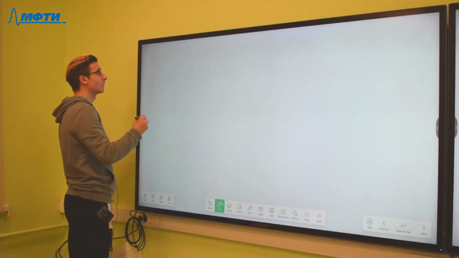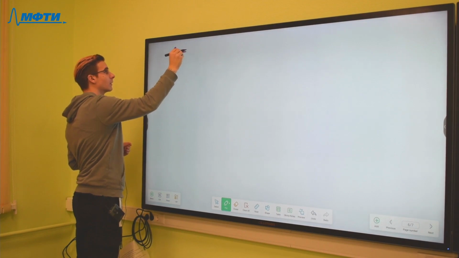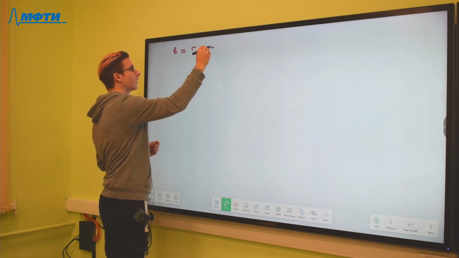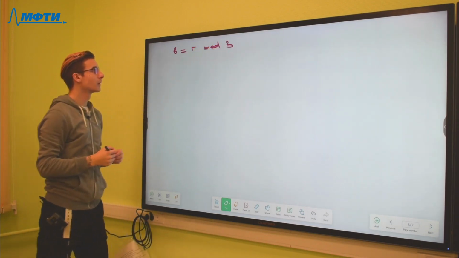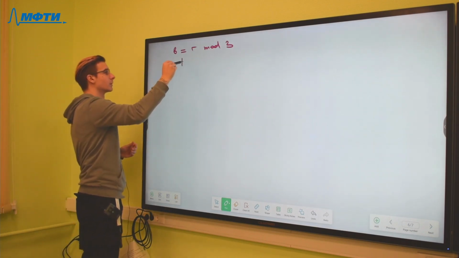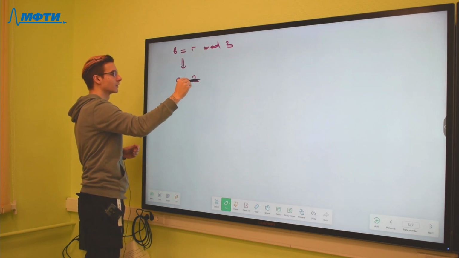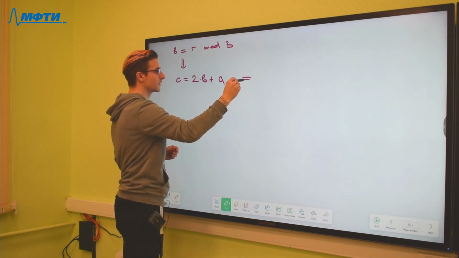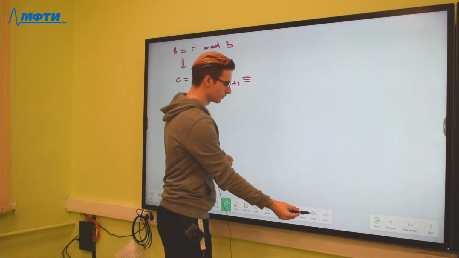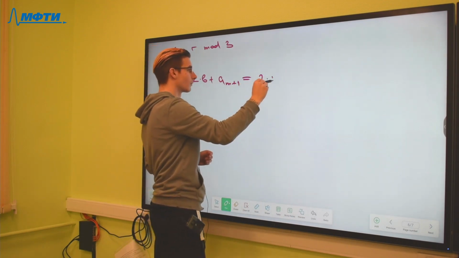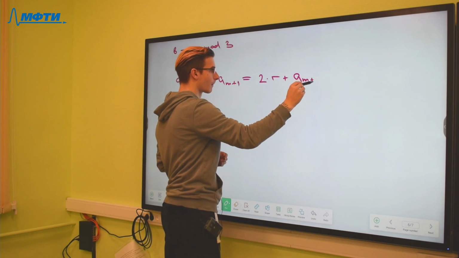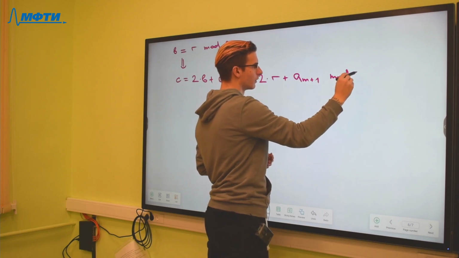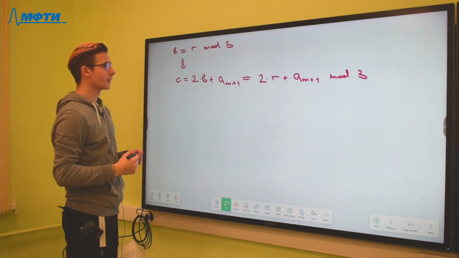For example, if we know that B is equal to R by modulo 3, we can say that C is equal to this number by modulo 3.